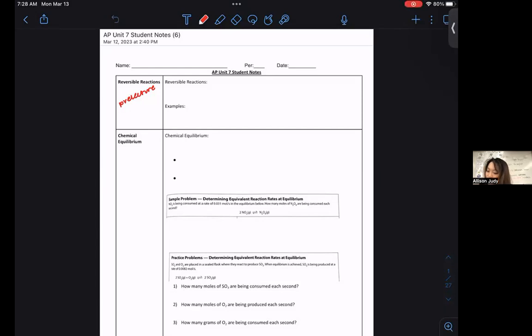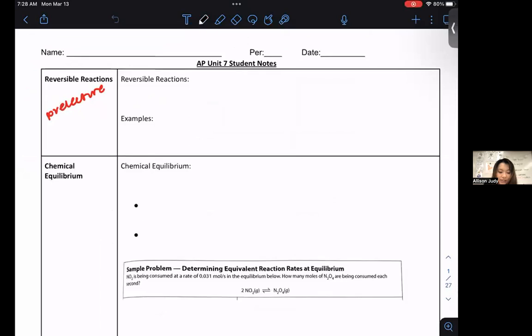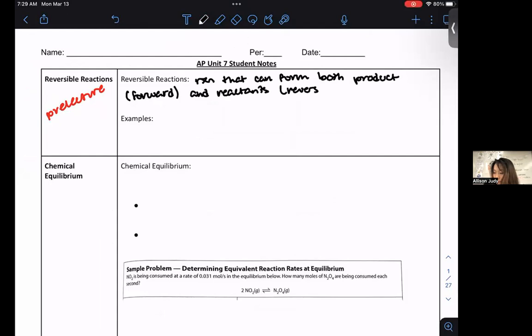So first and foremost, let's quickly define something. A reversible reaction is a reaction that can form both product, we call that the forward direction, and reactants, we call that the reverse direction.